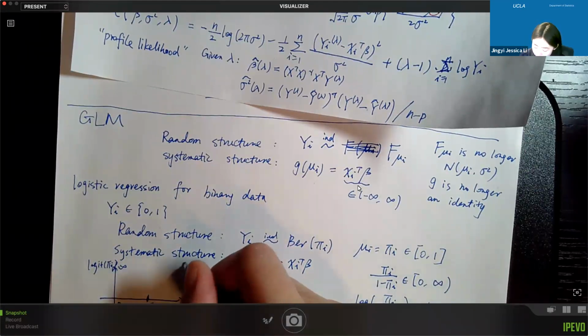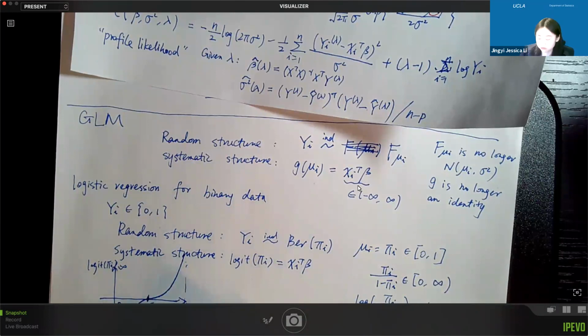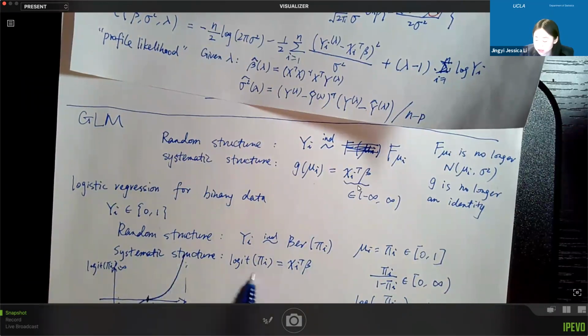Now when pi I is approaching 1, the logit function is approaching positive infinity. And it's symmetric for the left part. When pi I is reducing from 0.5 down to 0, the logit function is approaching negative infinity. So you see that this transformation exactly satisfies our desire. We transform values from 0 to 1 to negative infinity to positive infinity. So this logit of pi can be reasonably assumed as a linear function of x and beta.